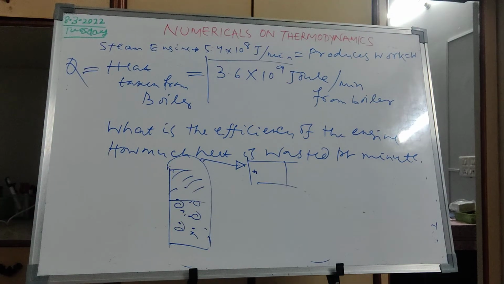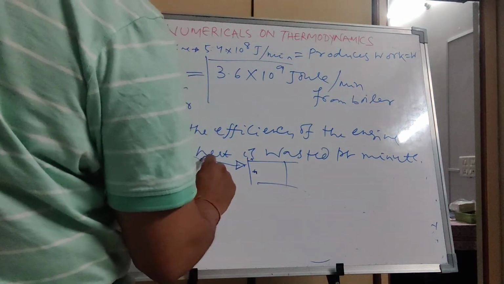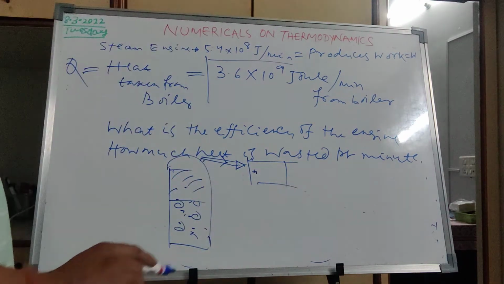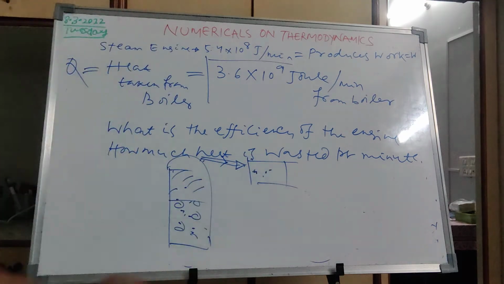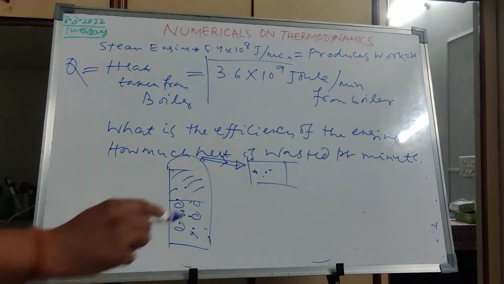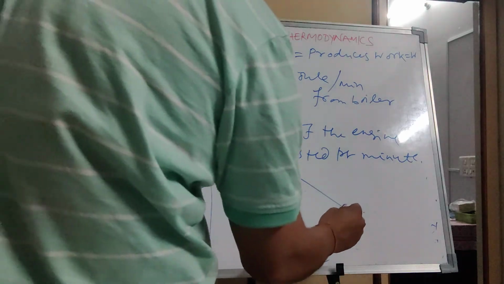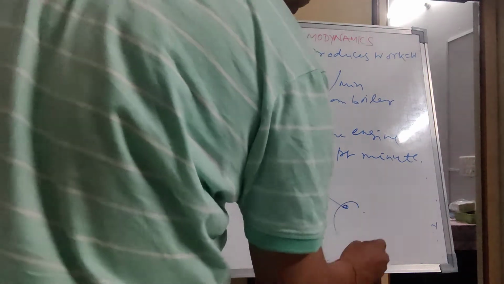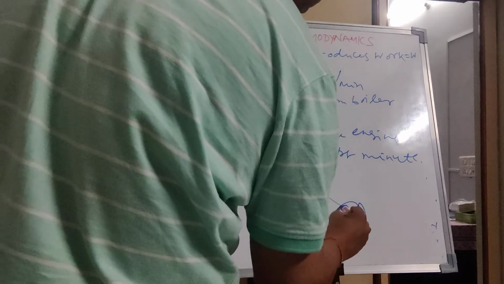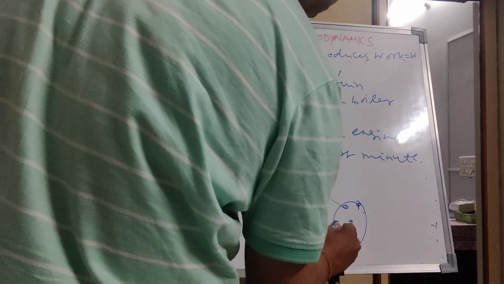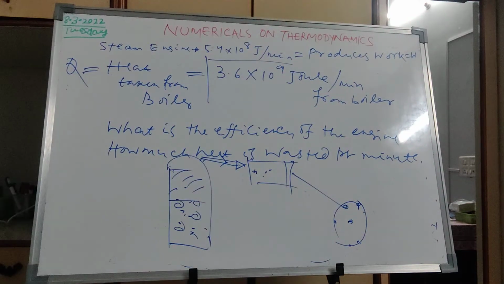So this steam goes to the piston cylinder assembly. You have a connecting rod, which will be changing position like this, and you have a shaft.